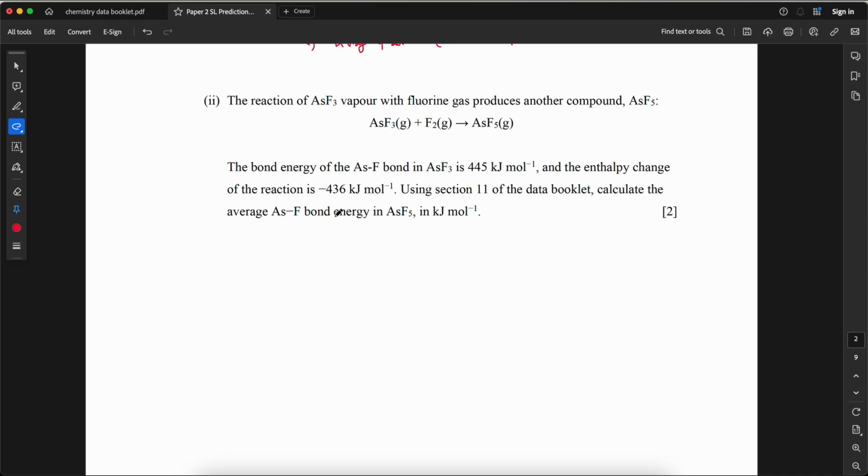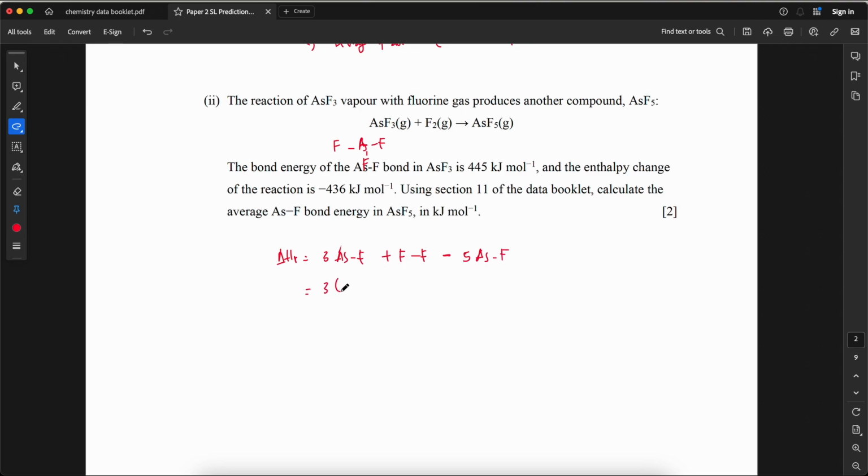So AsF3 has 3 bonds, AsF5 has 5 As-F bonds. So delta H, the enthalpy change of reaction, will be reactants minus products. So 3 As-F plus F-F bond, minus 5 As-F.